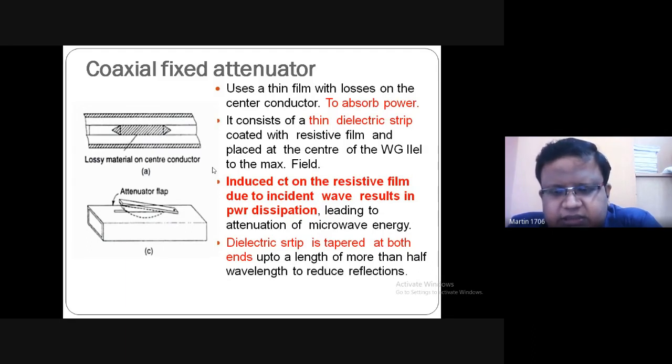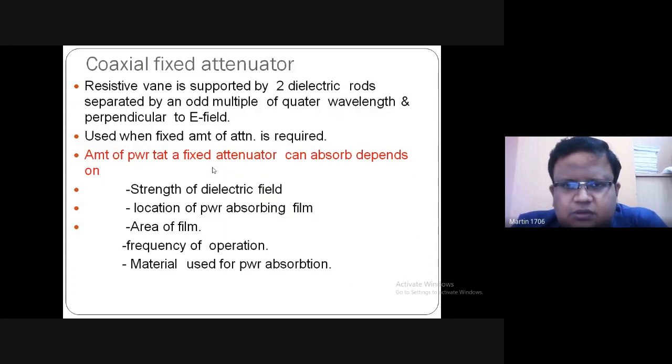The dielectric strip is tapered at both ends up to a length of more than half wavelength to reduce the reflections. The resistive vane is supported by two dielectric rods separated by odd multiples of quarter wavelength and perpendicular to the electric field.